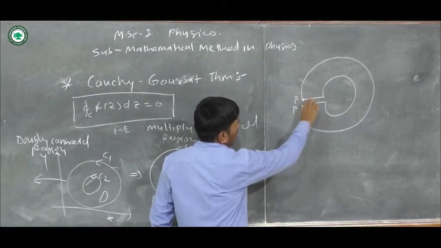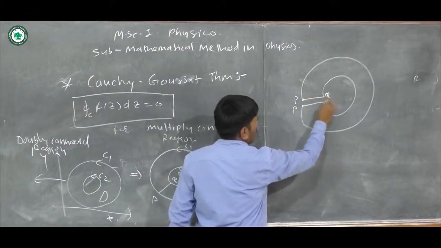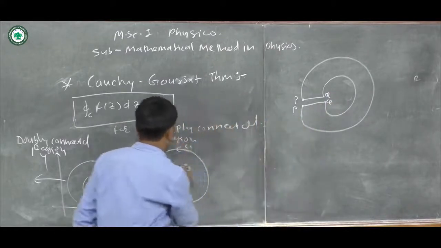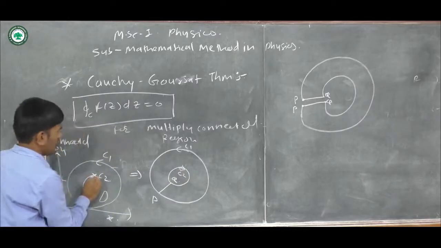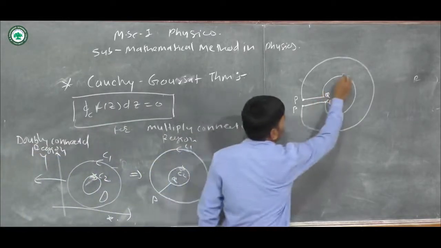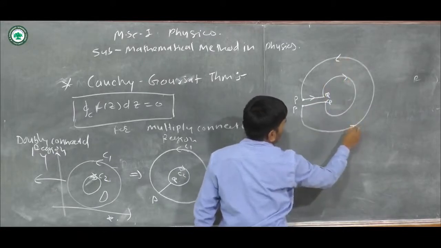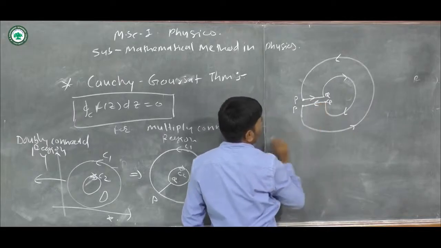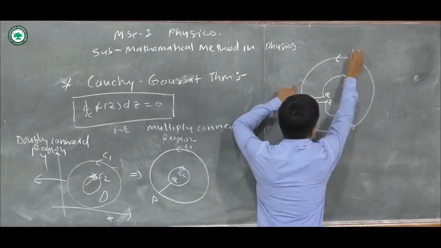For your understanding I draw it like this. This point is the same, this point is also the same, and its direction is like this. So this is C2 and this is C1.